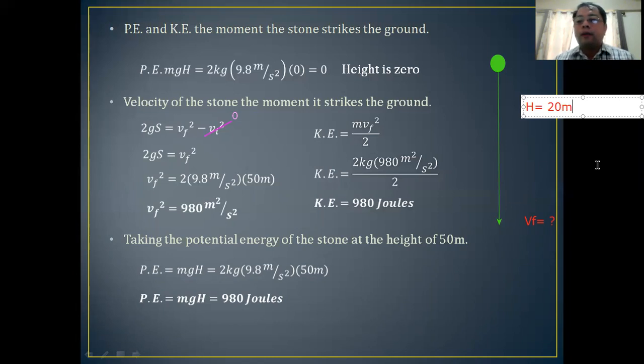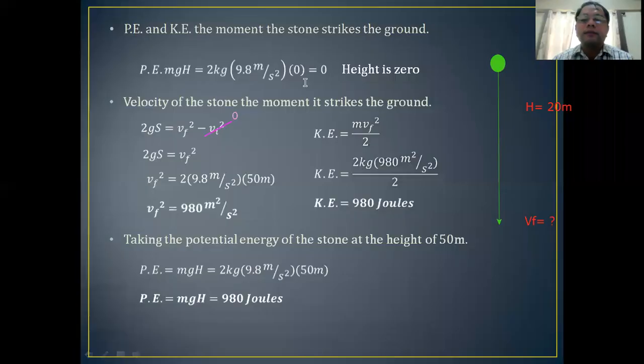Now, if we use our equation on kinematics, we can find the value of the final velocity at the bottom. But we can also determine the final velocity here if we use our initial and final energy, so the conservation of energy.